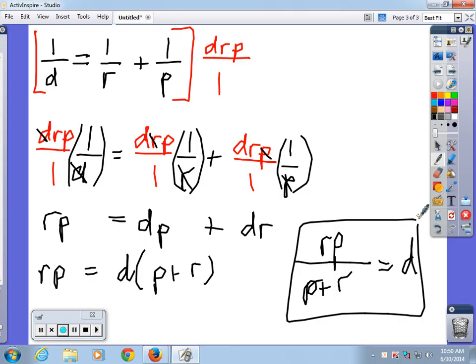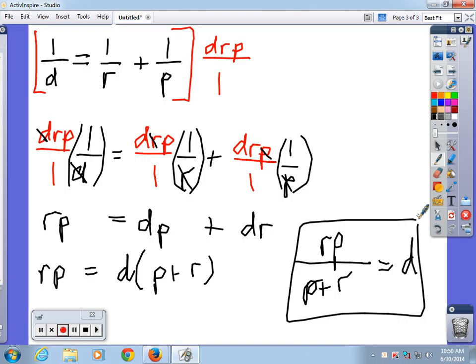Yeah, you probably did one on a less complicated one. So the answer is D equals RP over P plus R. This is number 7.